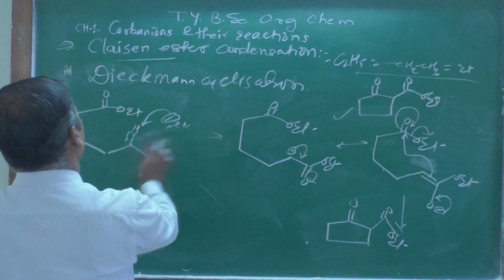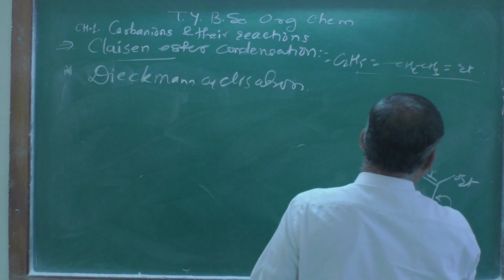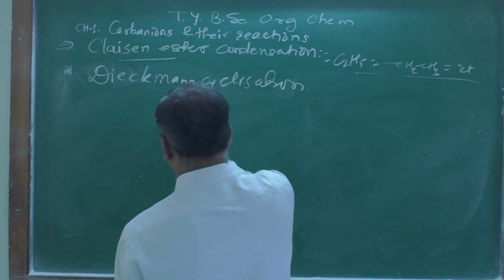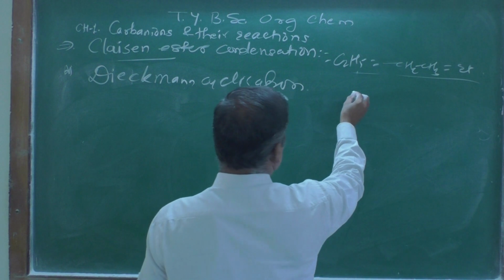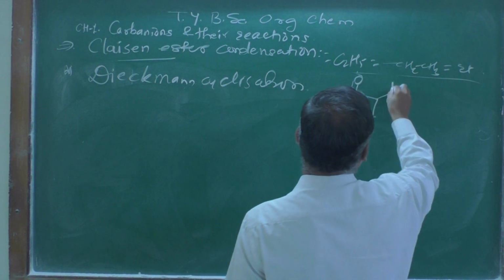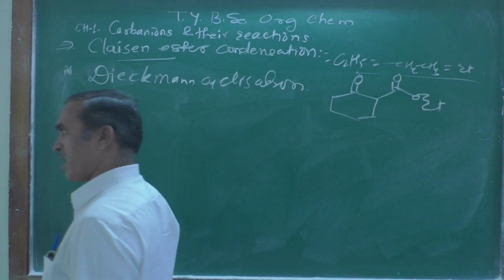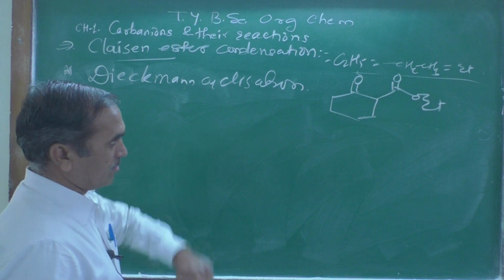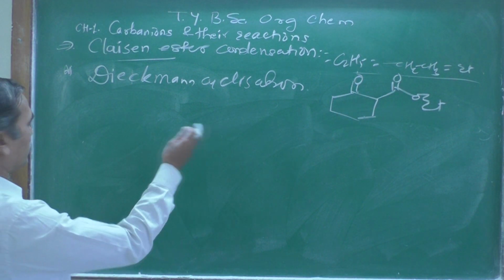Now let me give one more example so that you can understand the Dieckmann cyclization. Now I am taking a 6-membered ring, C=O, and then C=O, OEt over there. This structure I am representing on the blackboard as a zigzag structure, right?